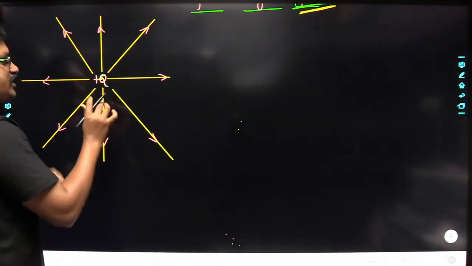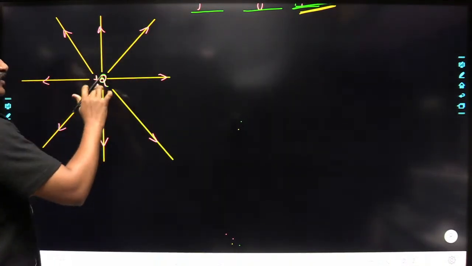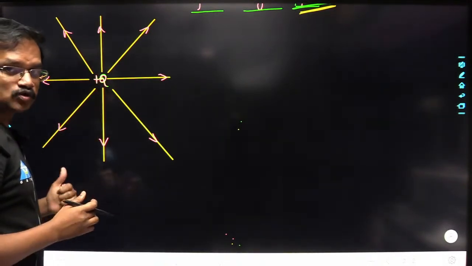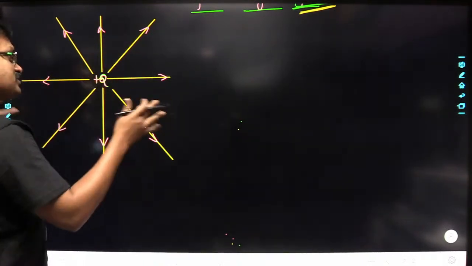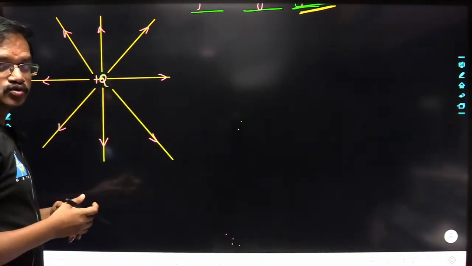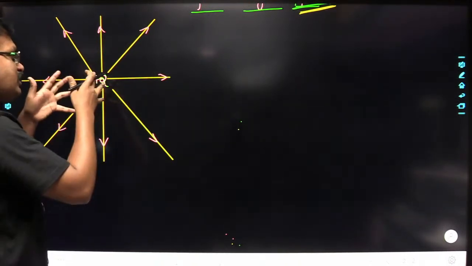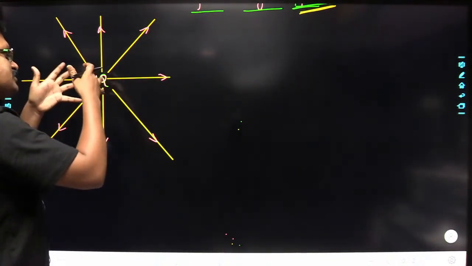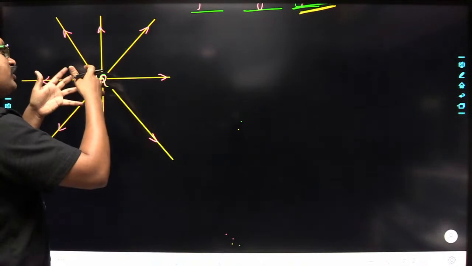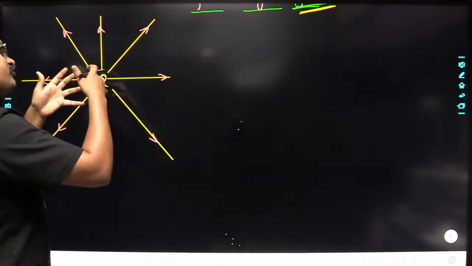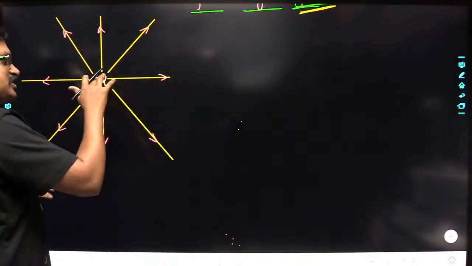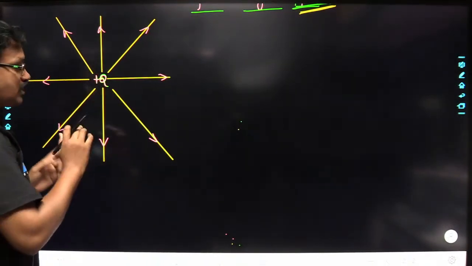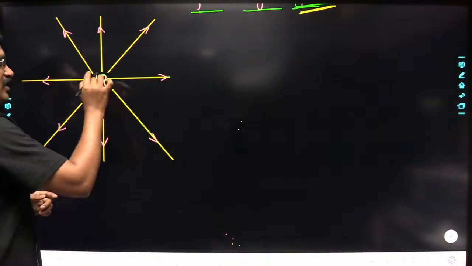For these field lines, this positive charge is acting as a source, yes or no? All the field lines are moving away, spreading away, or diverging away from this source, from this charge.